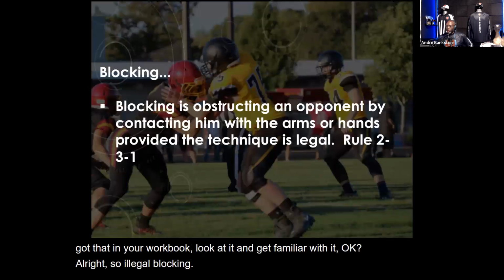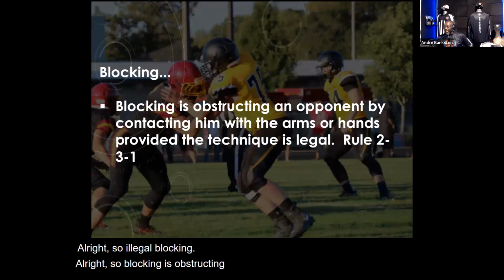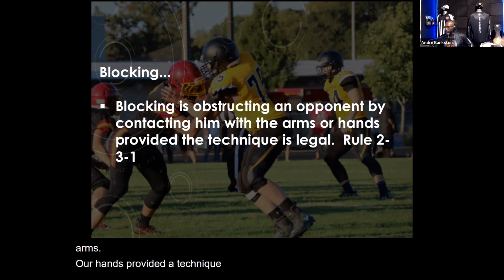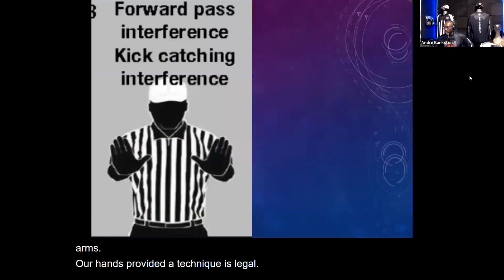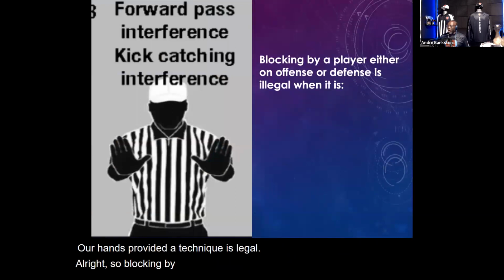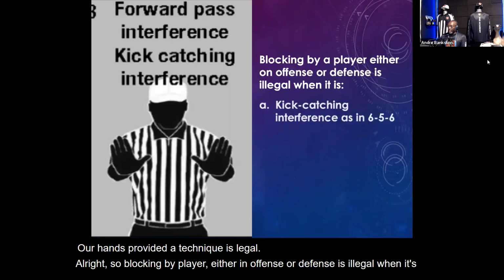All right. So blocking is obstructing an opponent by contacting him with the arms or hands, provided the technique is legal. Blocking by a player, either on offense or defense, is illegal when it's kick catching interference.